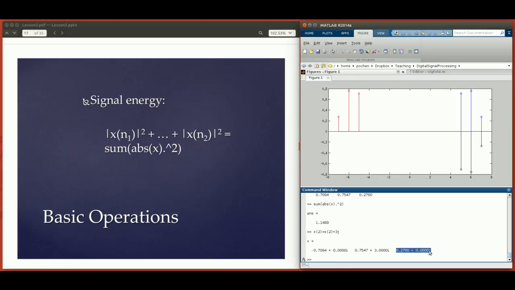The last one is also real because the imaginary part is 0. And if you still want to compute the energy of the input signal, you can still use exactly the same command, except that the ABS function is going to take the length of this particular complex number, the second element in it, right? And then it's going to give you the energy of this new complex sequence, right?